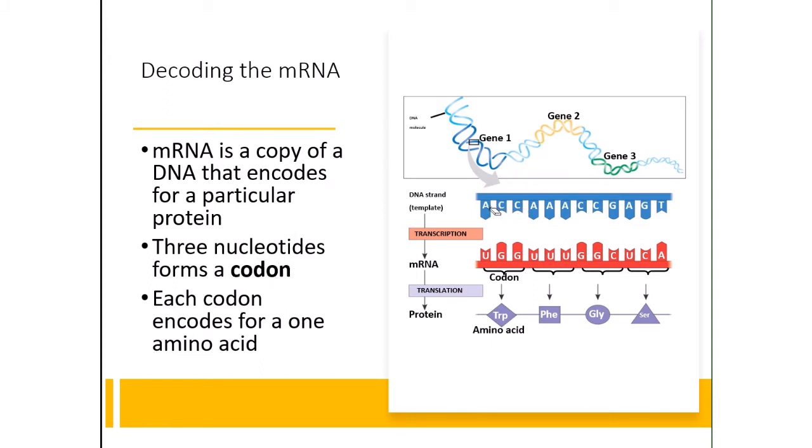And so here you can see ACC is a codon, and when you copy it in the form of mRNA, it's going to become a UGG, because if this is the template DNA strand, then the mRNA is going to be complementary to it. So UGG is a codon on the mRNA, and each codon is going to encode for one of the 20 amino acids. So in here you can see UGG encodes for TRP, which is tryptophan, an amino acid.